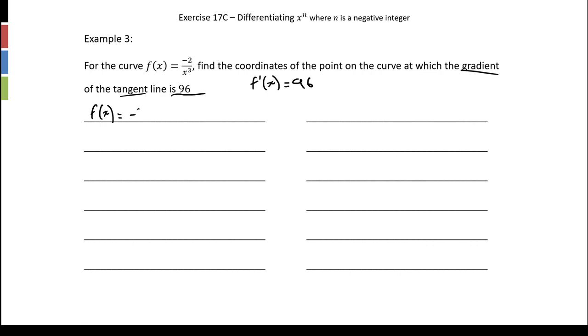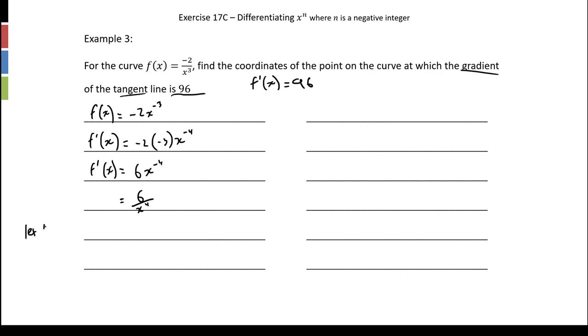So it's going to be negative 2x to the negative 3, written in terms of no denominator, so f dash of x is equal to negative 2 by negative 3 x to the negative 4. So we get f dash of x is equal to 6x to the negative 4, which is equal to 6 on x to the 4.